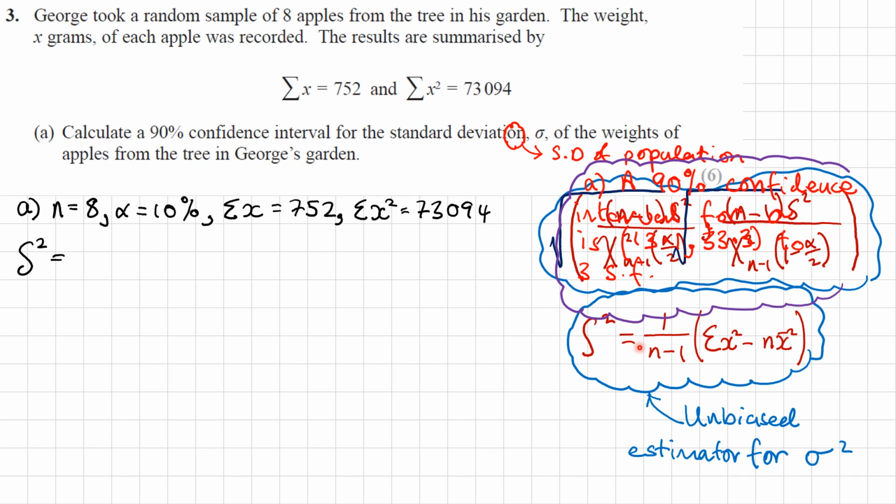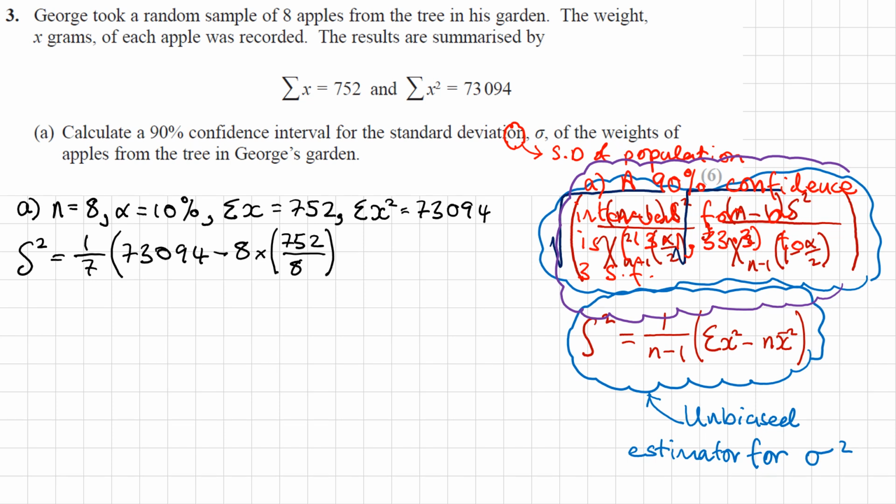So s squared is equal to 1 over n minus 1, so that's going to be 1 over 7, times the sum of x squared, which we have 73,094, minus n times the mean squared. So n, which is 8, times the mean squared, which is the sum of x, 752, over 8.